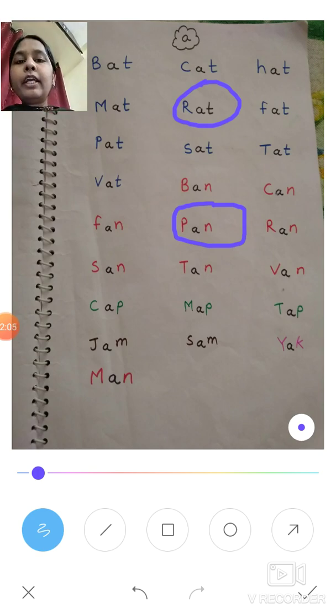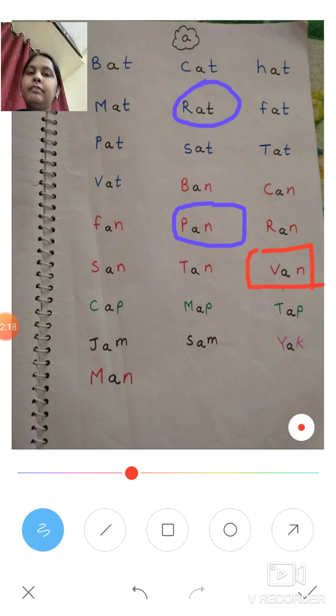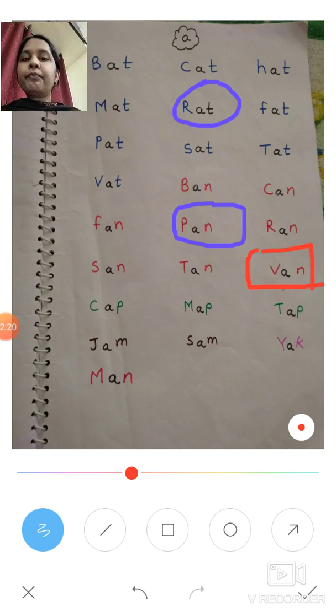Okay, so now read this spelling for me. Come on, try to read this spelling. This one. Okay, no. Now this one, the red one. Okay, we were, wa, va, no.